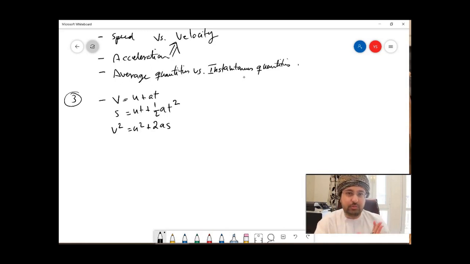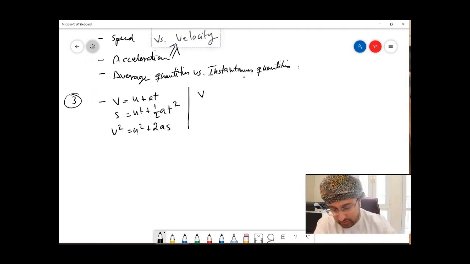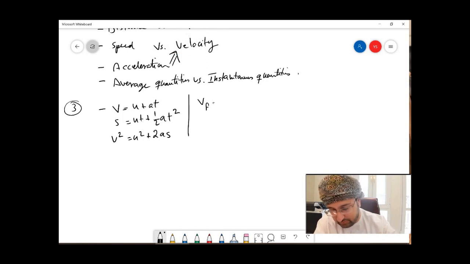Now my students would be used to this notation. Some others would not be used to it, so I'm also going to write the notation that you're used to in your book. Vf equals v naught plus at.